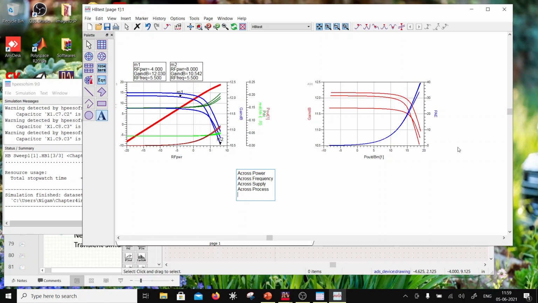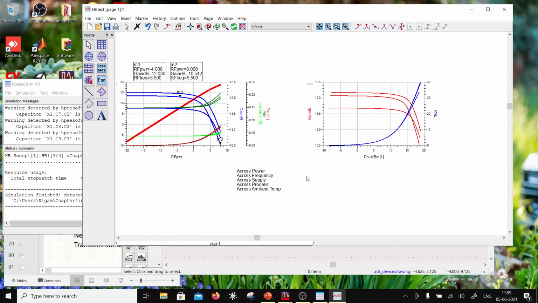Then you are also going to look across temperature, across ambient temp. As a designer, it's not just that it works at one frequency and you are done. When you fabricate it and take it to a product, you have to see if it is performing across power, across frequency, across supply, across process variations, across ambient temperature.